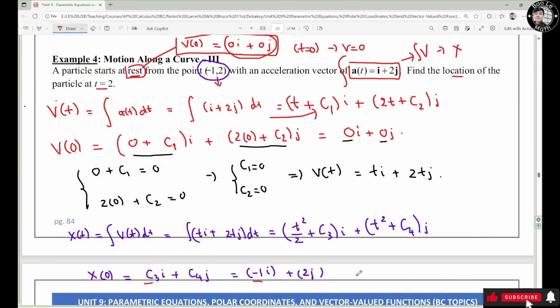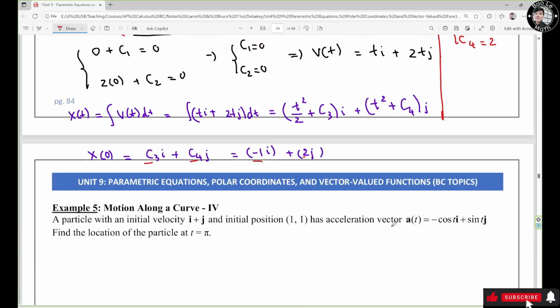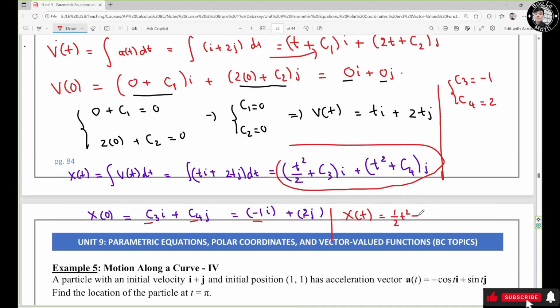This guy and this guy must be the same. So I have a system of equations: c3 equals negative 1, and c4 equals 2. So the position function s of t is right here. It's going to be 1/2 t squared minus 1 i plus t squared plus 2j.